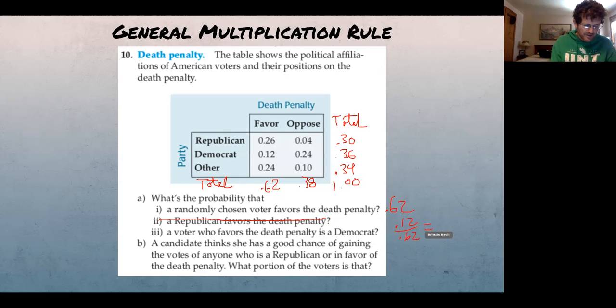So now I think it's very clearly stated that the condition is that someone favors the death penalty, and what's the probability among those people that they're a Democrat. So there it is, 0.12 out of 0.62. Of course, we can calculate that. And 0.194 basically is your probability.